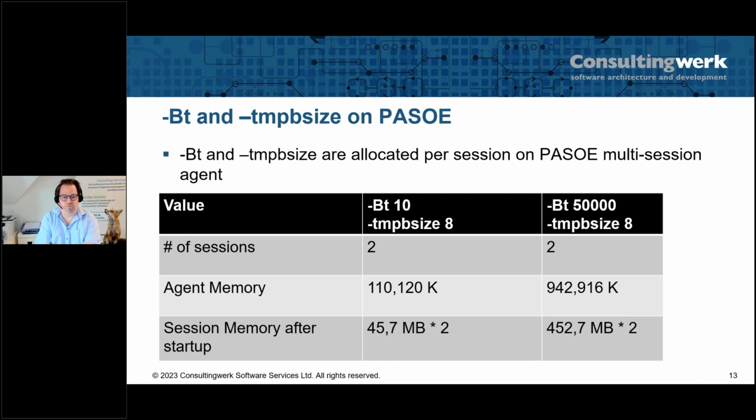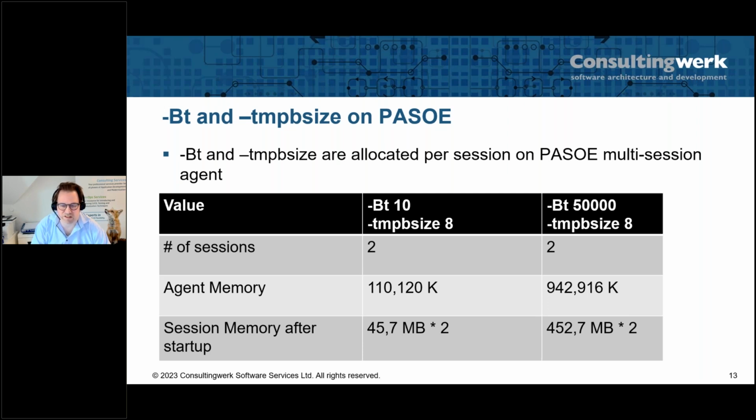Well, memory may be a limit on a system, and as temp tables for many people are used on app servers too, here is what it means for a PAS for OE. On the PAS for OE, the multi-session agent, the memory used for temp tables is per session. On a development system, the default number of sessions per agent is 2.